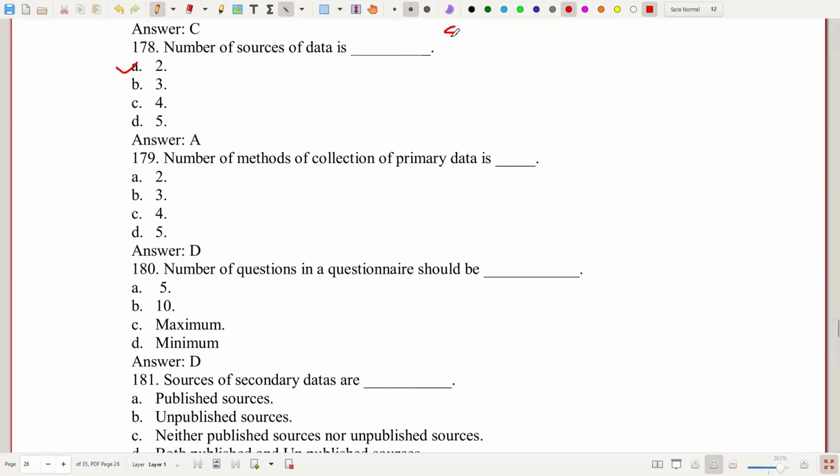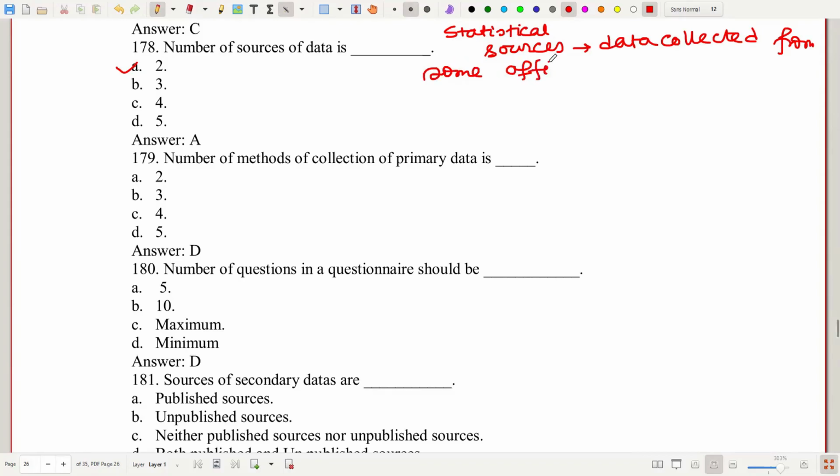The first one is known as the statistical sources, and it is the data collected for some official purposes, and also includes the censuses and surveys.